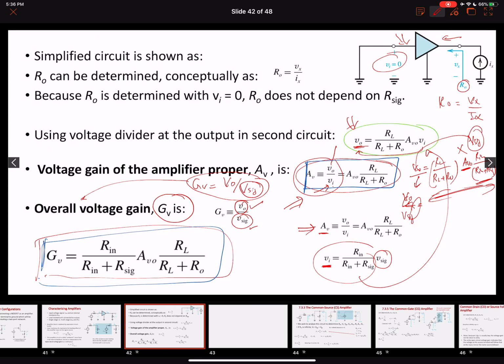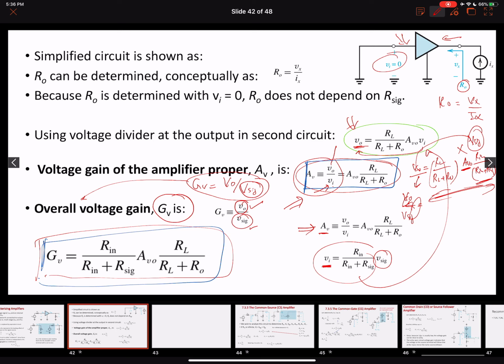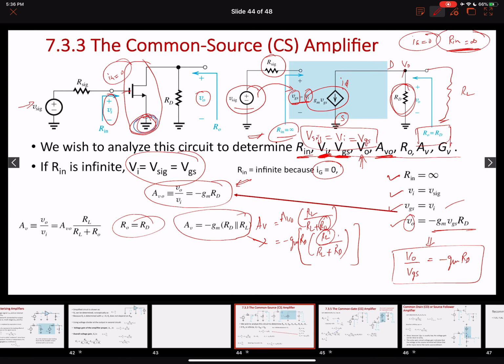Similarly, in order to find the overall voltage gain, can we use the same equation? No, actually we cannot, because we have an input resistance over here. However, in this case, our input resistance was infinite. If our input resistance is infinite, this means that there is no loading effect, so Vsig equals Vi. Our initial voltage gain was V naught over Vi, and Gv was V naught over Vsig.